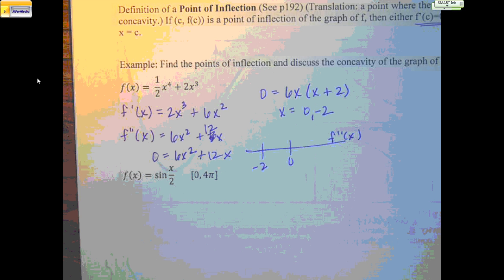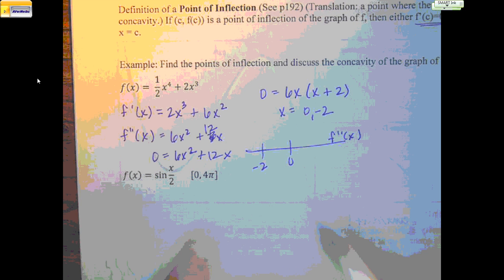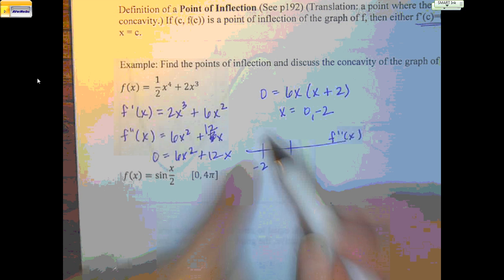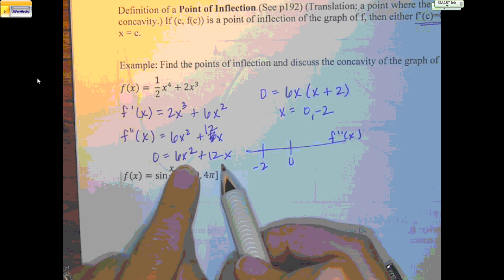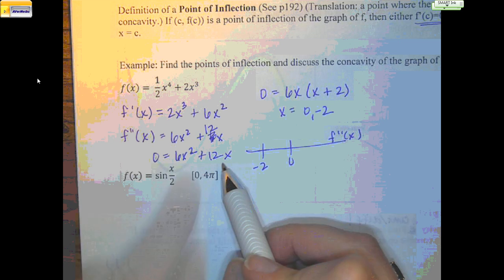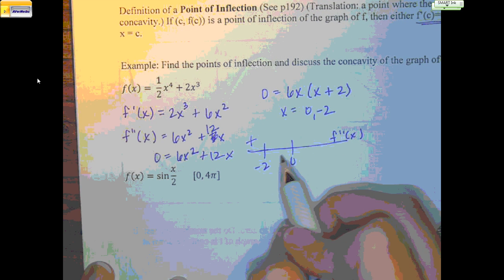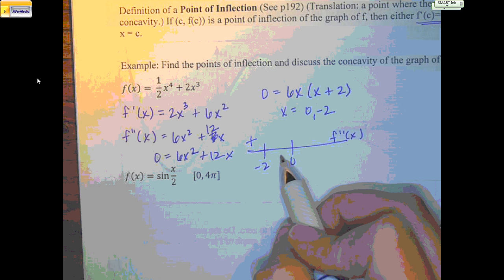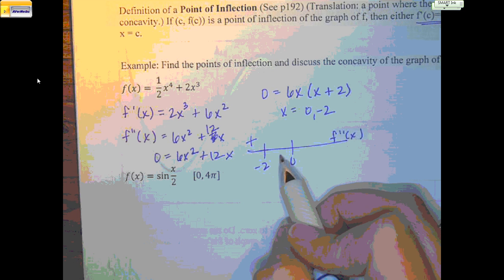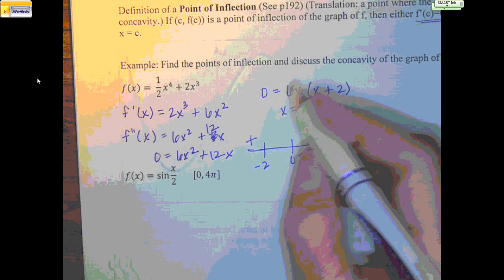And then we plug some stuff in. If I plug in a -3 into this right here, am I going to wind up with a positive or a negative? Positive. Is she right? Okay. If I put in a -1, am I going to have a positive or a negative? Negative.